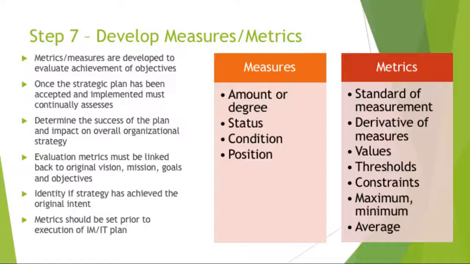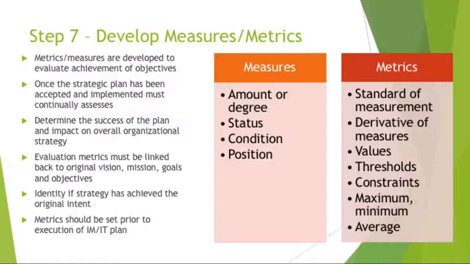They are the amount or degree to which something fits the objective. Metrics provide measuring units to depict values, thresholds, constraints, scope, duration, maximum and minimum, averages, etc. Metrics are a precise description of what is being measured, including numerator, denominator, inclusions, and exclusions. They are a standard of measurement.